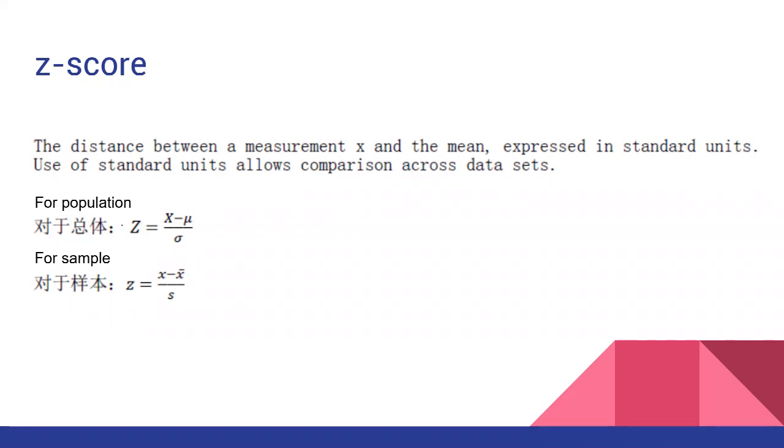For a population, the uppercase Z is x minus mu divided by sigma. For a sample, the lowercase z is the lowercase x minus the mean divided by the standard deviation. This is how we can calculate the z-score.